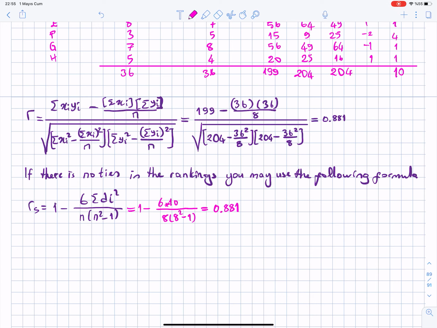If there is a tie, you cannot use this formula.